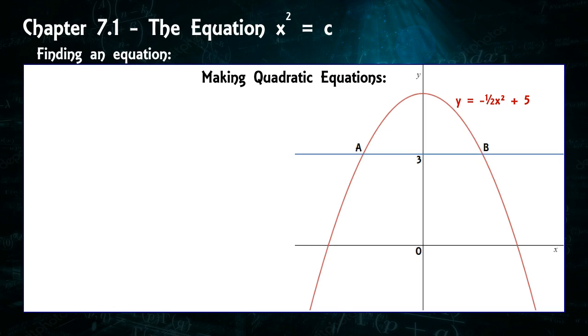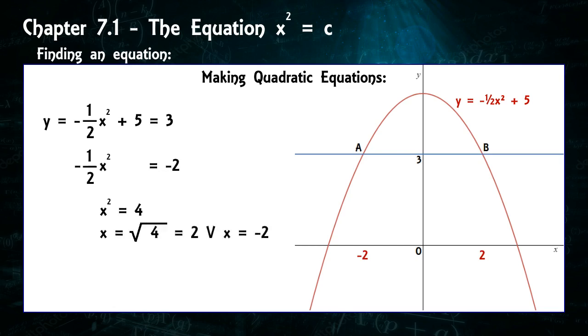To find the coordinates of A and B, solve the equation minus a half x squared plus 5 is equal to 3. We solve this equation using the balance method. Minus 5 on both sides, divide everything by minus a half, and then take the square root of 4.